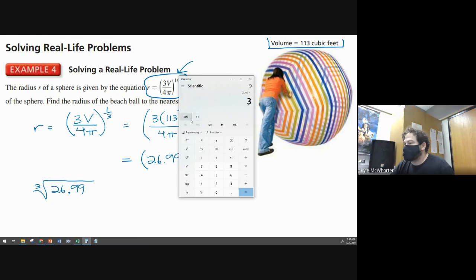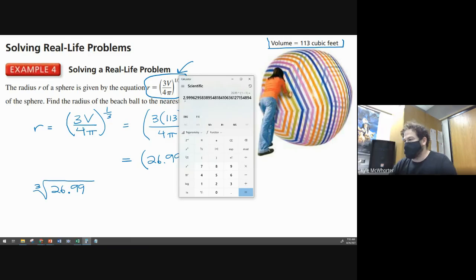Starting over, I clicked wrong things. 26.99. Can you tell what the cube root is going to be? Because it's really close to 27, so this is going to be really close to 3. To the 1 divided by 3, equals.